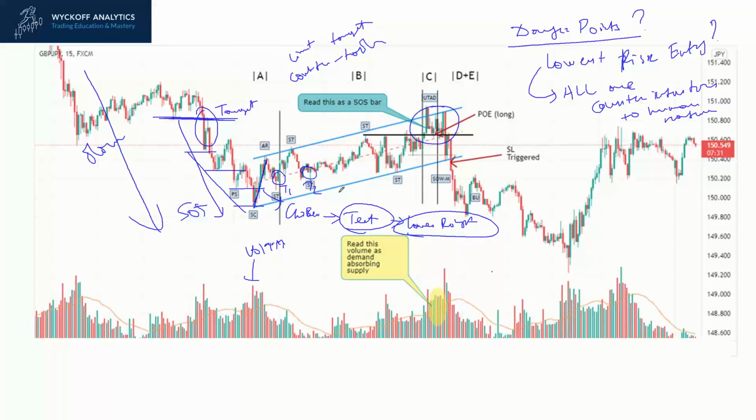So this and this are your danger points that are proven to you that there is no continuation to the downside. And you could do this over and over. So for instance, here are your danger points turned into the points of entry. Here, after the change of behavior and on the test, this is your danger point turned into the test and turned into the point of entry. And from there, you're trading even against the trend in a much more comfortable position.